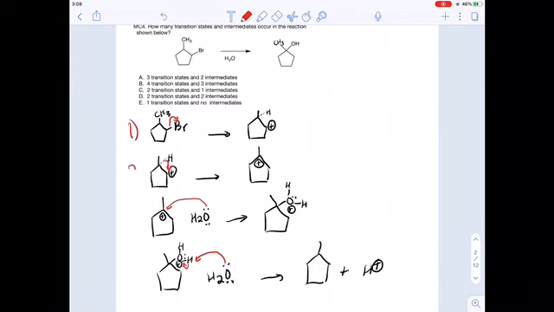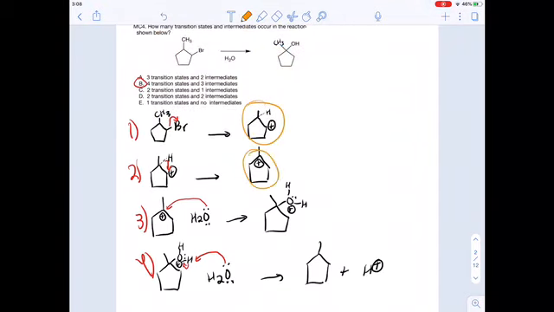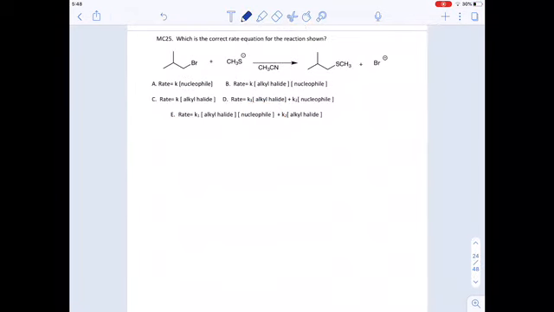Each step, like I said, is going to be a transition state. So 1, 2, 3, 4. Right off the bat, you know that your answer is going to have 4 transition states, and the only answer with that is B. So B is going to be your right answer for number 4. But just to show you, here are your 3 intermediates, because these are not the starting material and these are not the ending. They're the intermediates.